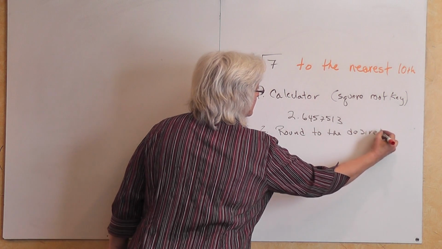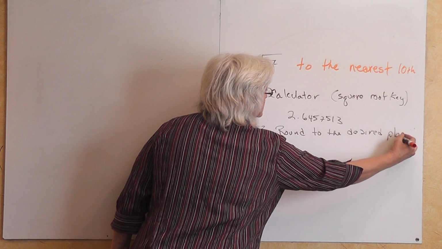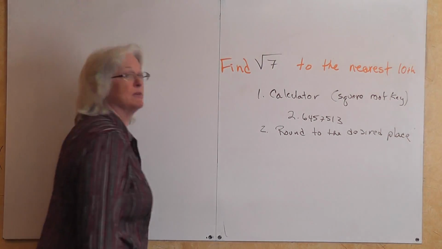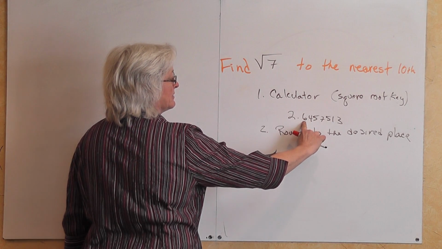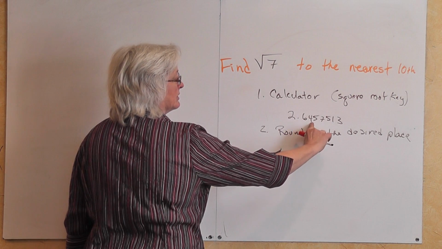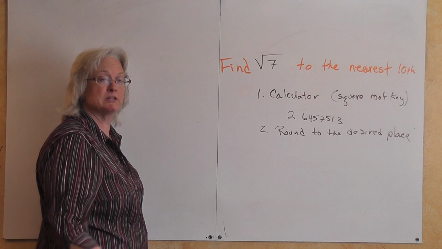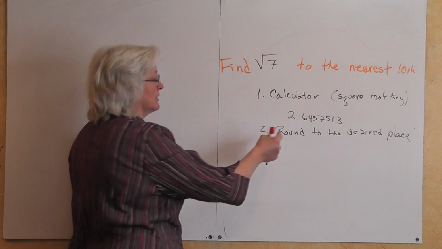Here we are told to find the square root of 7 to the nearest tenth. The nearest tenth is 6. We look at the 4, which is in the hundredths place, because it is 4 or less.